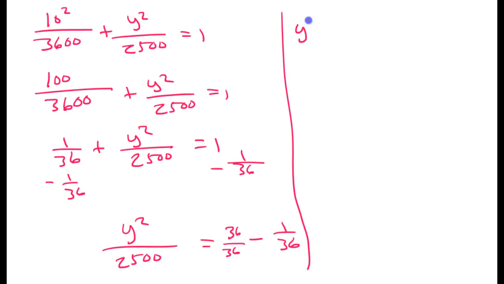So if I do that, I will have y squared over 2,500 is equal to, now this is 36 minus 1, so that's going to be 35 over 36. Okay, I'm trying to get y by itself. So now would be a good time to multiply both sides by 2,500.